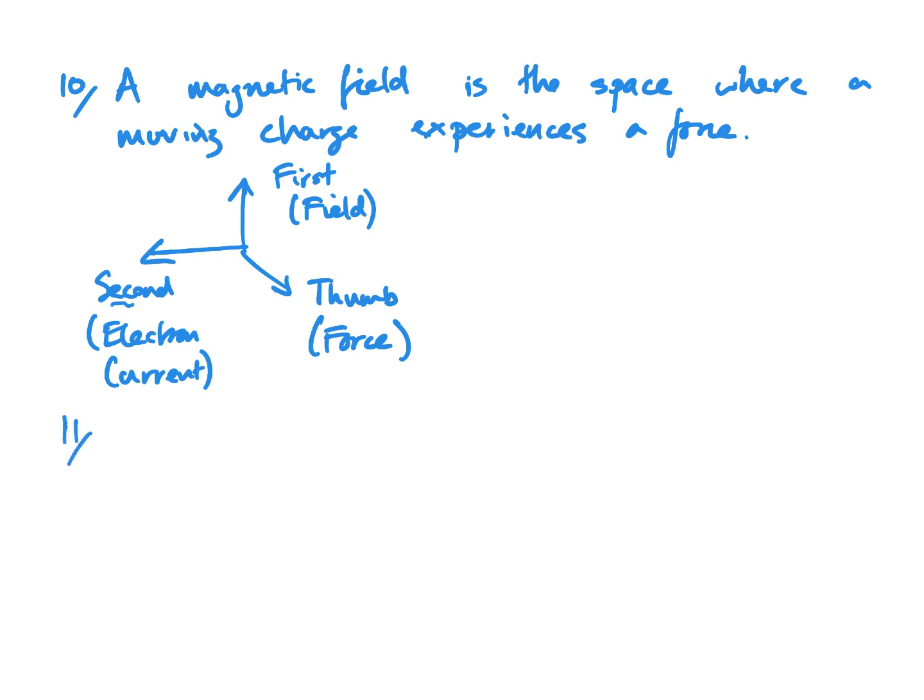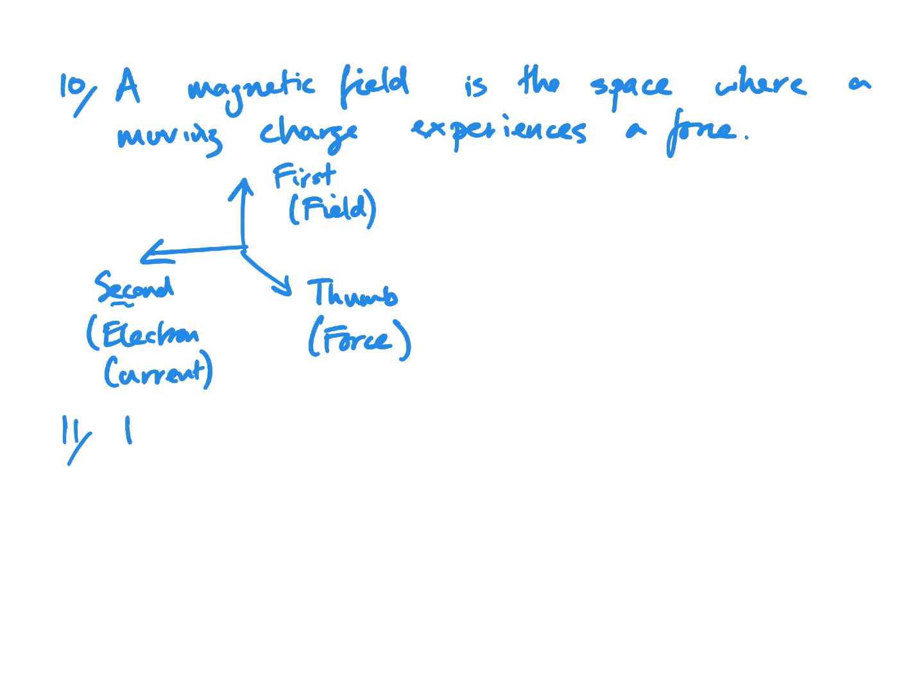And then 11 is describing the basic principles of a particle accelerator. So really, there are two important parts, the two types of fields that we've been studying and the end result of that. So we're looking at acceleration, deflection and collision. The most basic accelerators were all just in a straight line.